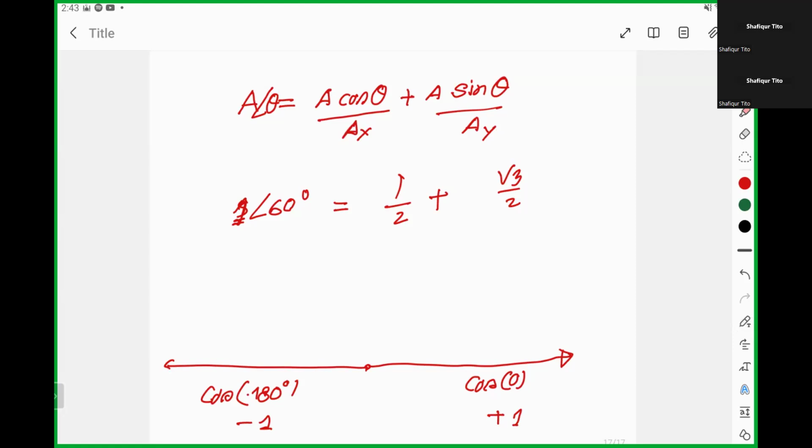Right? And if you go in the vertical, that is the sine part. Sine of theta. Okay, so if you go in the vertical, that will be the sine direction. And this sine direction, we can consider is making an angle of 90 degree. So this is the 90 degree.